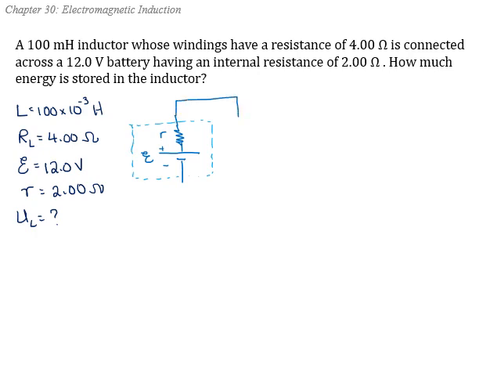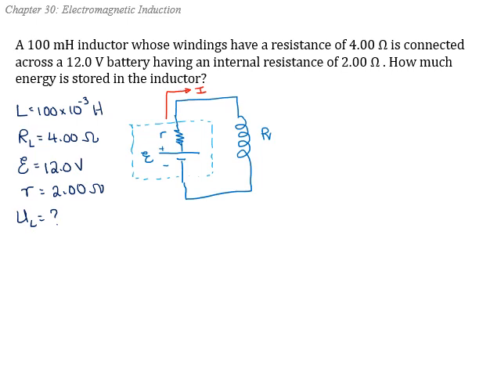Then we come to an inductor, which is a set of coils, and our inductor has a resistance R. We know that current is going to flow through this circuit. Our current is not given, so we have to find it. After we find our current, we should be able to find our energy. How are we going to find our current?